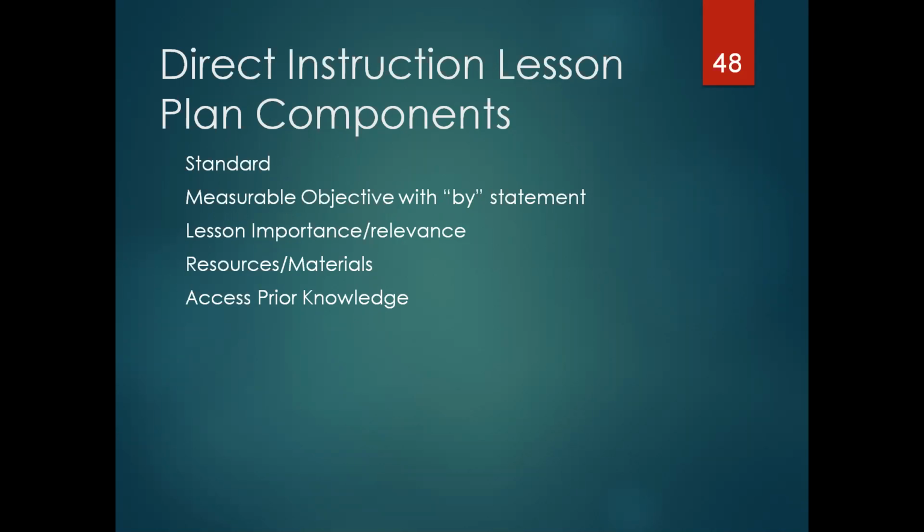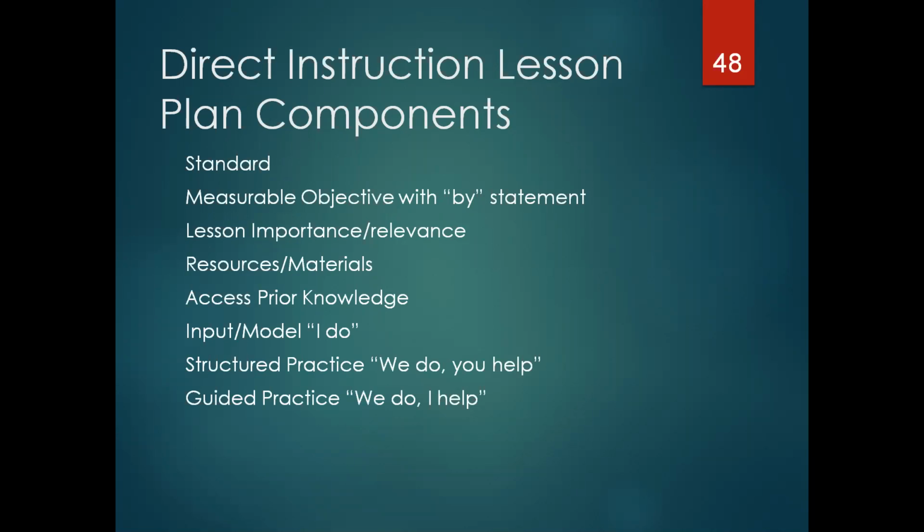You might have to do an activity that connects them to what you're about to teach them, right? Taking their culture into consideration. I do, we do, you do. Closure. Right? I do, we do, you do. Got that? Excellent.